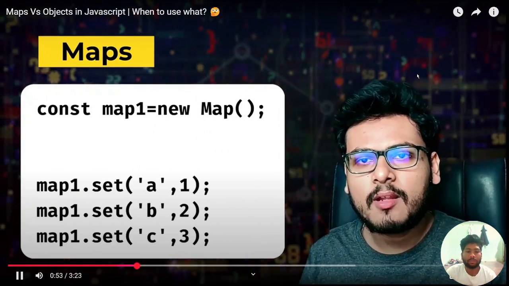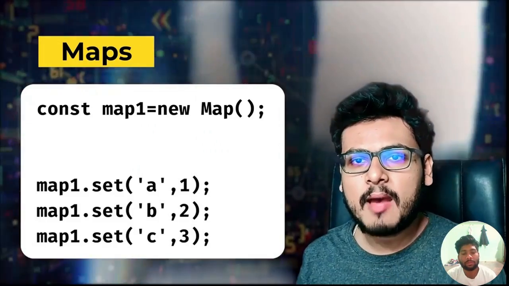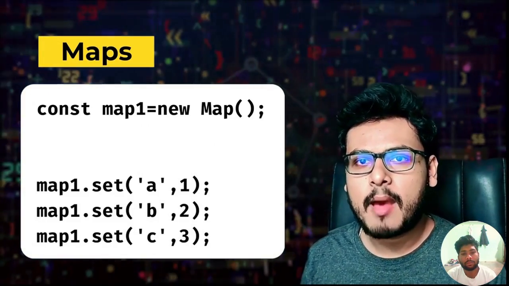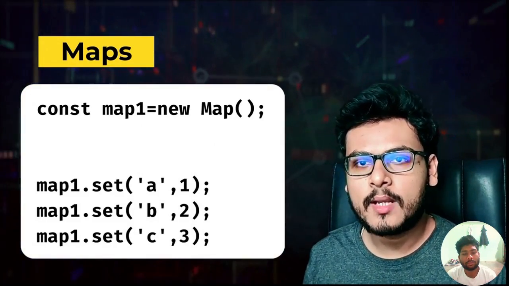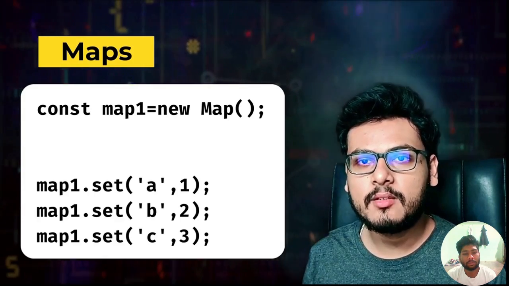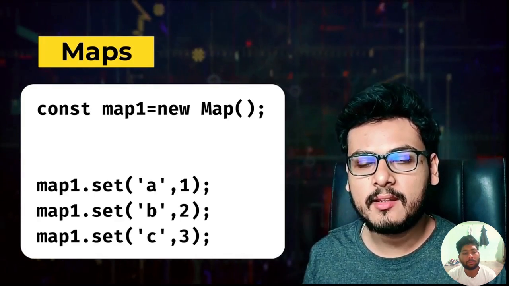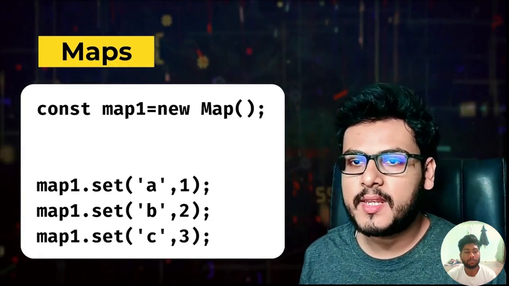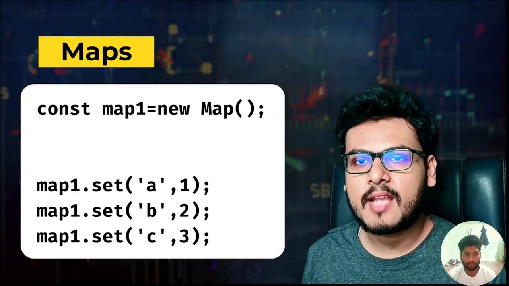Now, maps in JavaScript are instances of objects, but they are also much more than that. Let us first see how we can create a map. Have a look at this example: const map1 equals new Map, map1.set('a', 1), map1.set('b', 2), map1.set('c', 3). Wow, this looks very clean. Now let us understand what is happening.